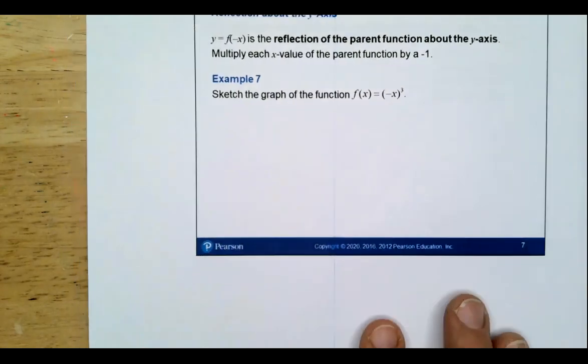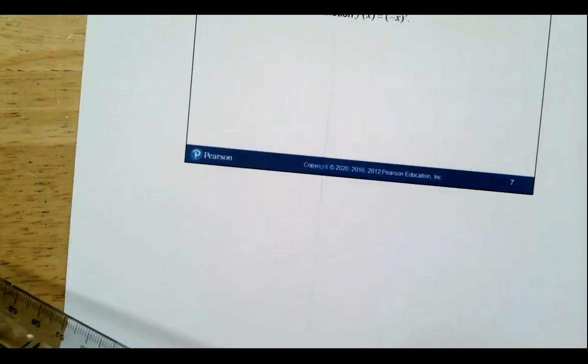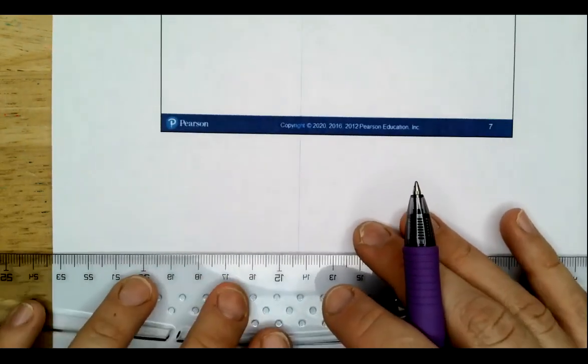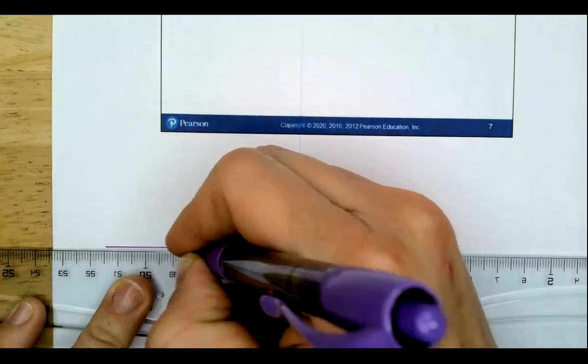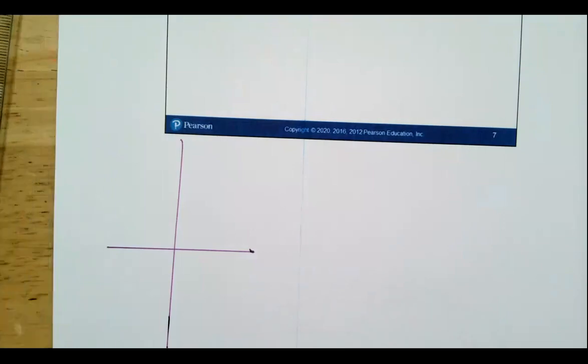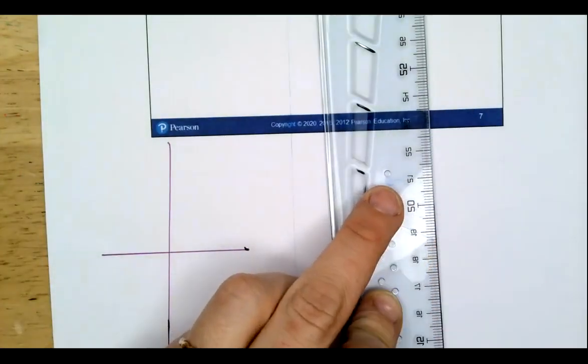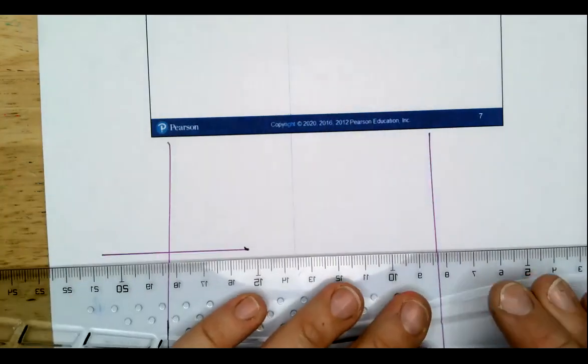Sketch the graph of the function f of x equals the cubed root of negative x. Parent function, transformed function.